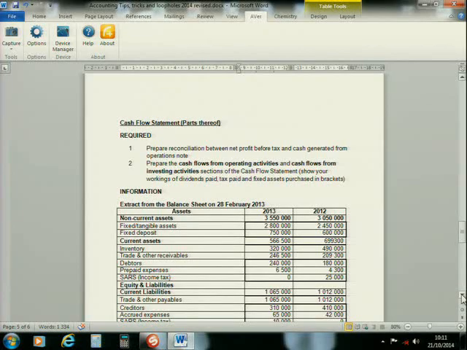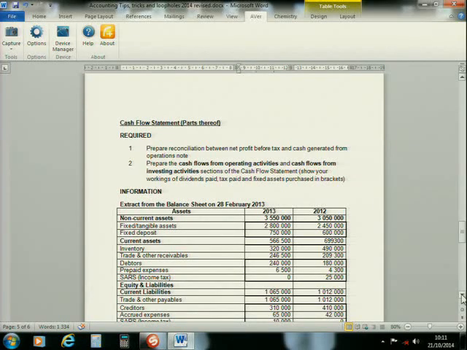The sum or whatever difference plus gross operating profit before changes in working capital will give you your cash generated through operations amount. That you'll need to take to the cash flow statement under your cash flows from operations, and that will be the first thing to show there.